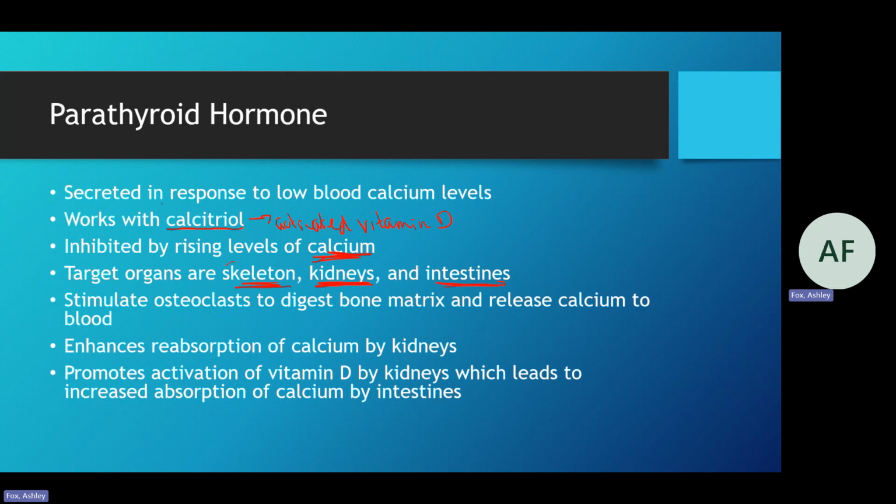So you're going to stimulate osteoclasts to chew bone, so release calcium from the bone. You're going to make sure that calcium isn't urinated out, so it's going to be reabsorbed or kept by the kidneys. And you're also going to make sure vitamin D is made into calcitriol. And calcitriol, again, is going to have more increased absorption of calcium by the intestines.